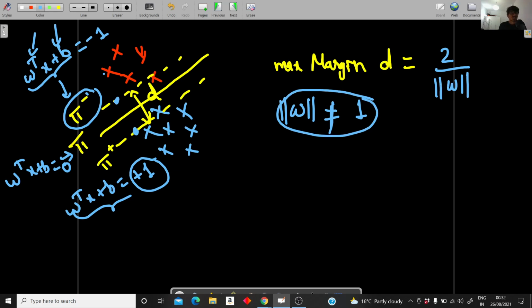That's why this margin is not a constant thing. If we assumed the norm of w is 1, then this margin would be constant too. But I'm not saying this, so what we have to do is maximize this margin, that is 2 by norm of w.